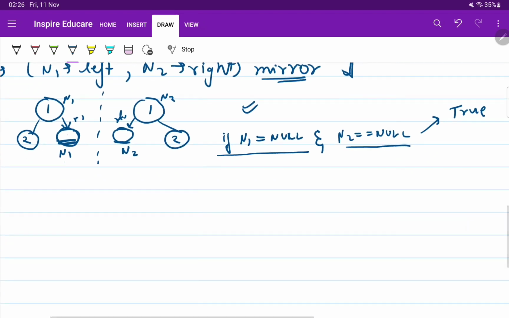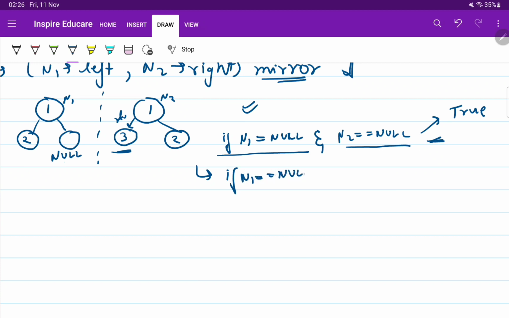But let's say if instead of having nothing here, I had 3 here, right? So what would have happened? Our N1 would have become null and our N2 would have become something. So can I say, after checking this condition, if either N1 is null or N2 is null?